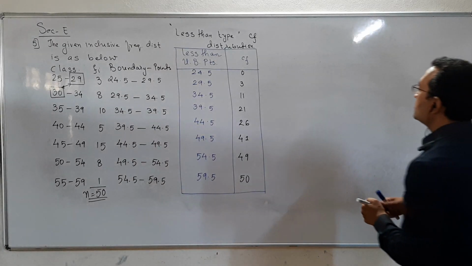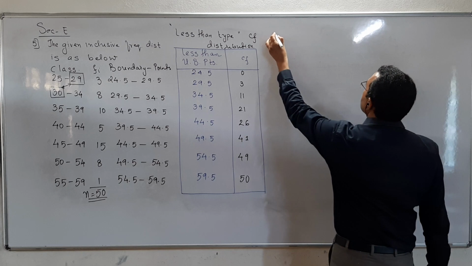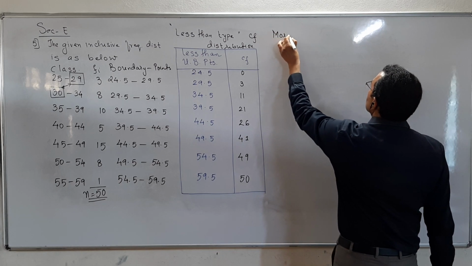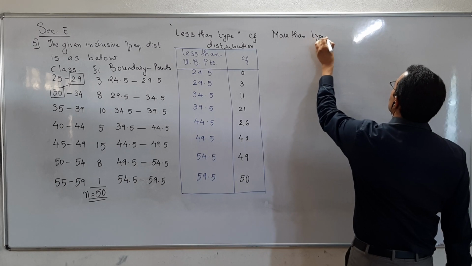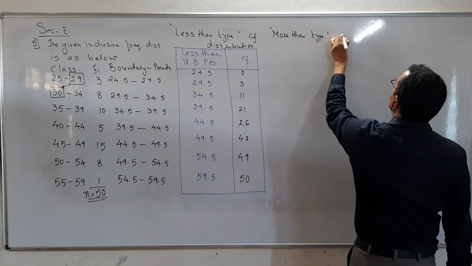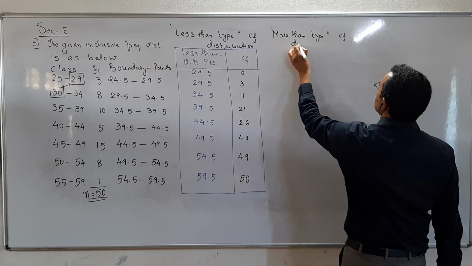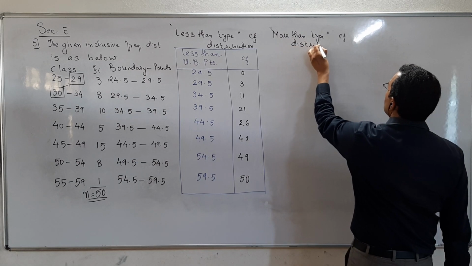Now the other distribution is the more than type cumulative frequency distribution.